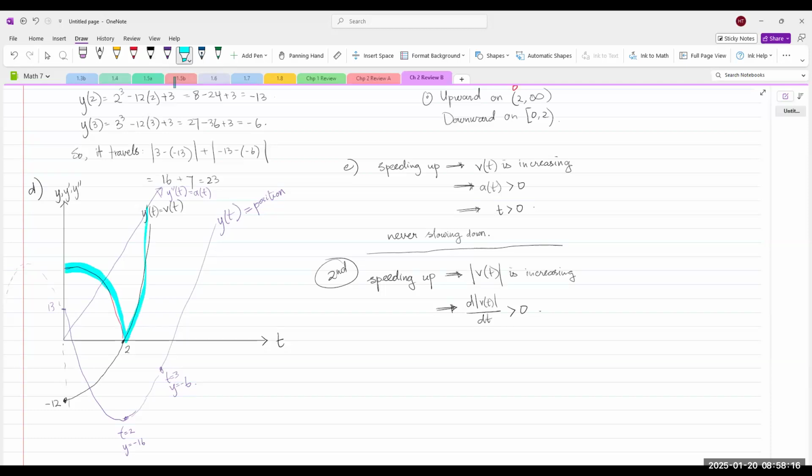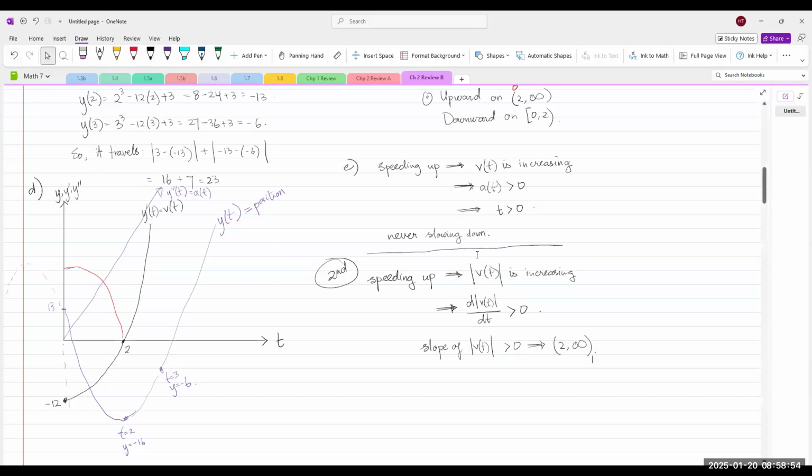And if that's the case, then we see it only happens from t equals 2. That's the slope of absolute of Vt to be positive. That only happens when t starts from 2. That's my interpretation though.